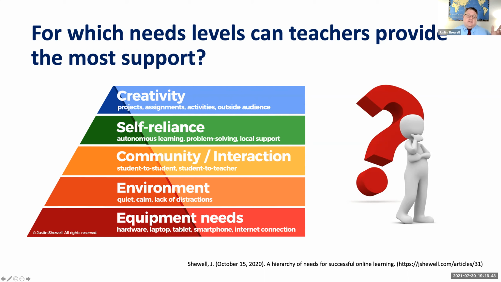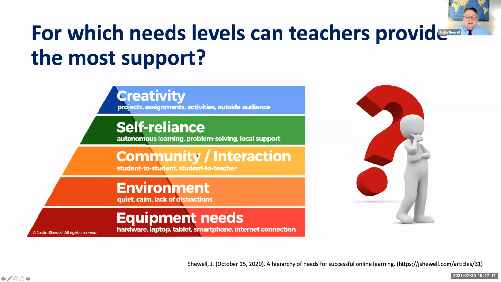For example, at ASU during the pandemic, the library was able to loan students computers and internet hotspots for students who didn't have one. As a teacher, I couldn't give a computer or an internet connection to my students, but I could tell them, hey, the library has these available, go and see if they have one for you. So I could point them to the right place, but I couldn't really give them equipment.